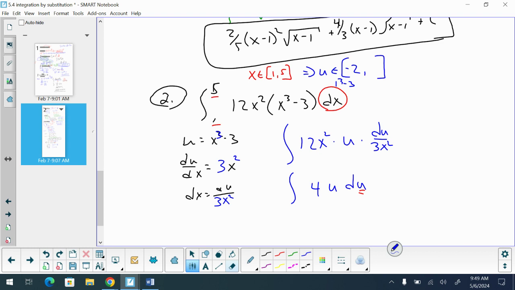If x is a value of 5, we would have 5 cubed minus 3, which would give us 125, 122. So I can go from negative 2 to 122 and integrate like I normally would.